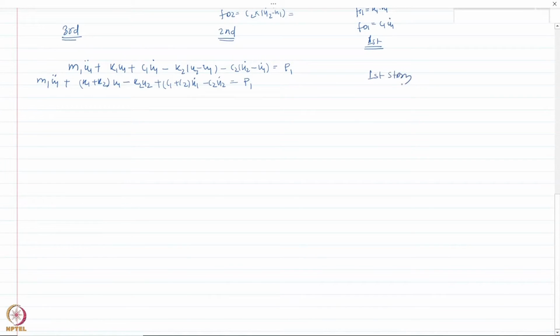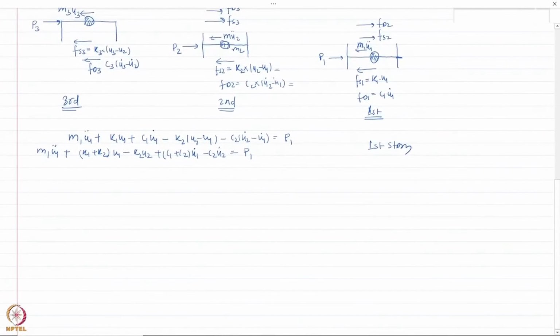Now let us go ahead and write down the similar equation of motion for the second story. For the second story, again I can write similarly m2 u2 double dot plus k2 times u2 minus u1, plus c2 times u2 dot minus u1 dot, and then minus Fs3 and Fd3 which are acting opposite to these forces, and the expressions for Fs3 and Fd3 are given here.